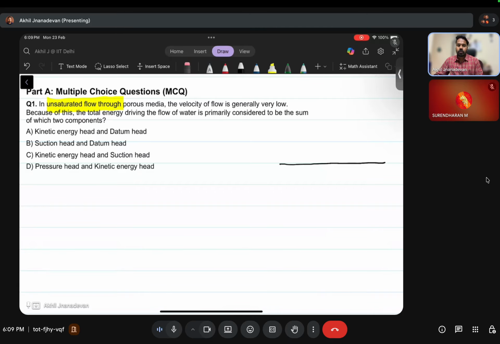But we saw how atmospheric water, through the process of condensation, forms clouds and comes down as precipitation. You already saw how the precipitation is measured, how it is represented, and what different analyses we can do with it.